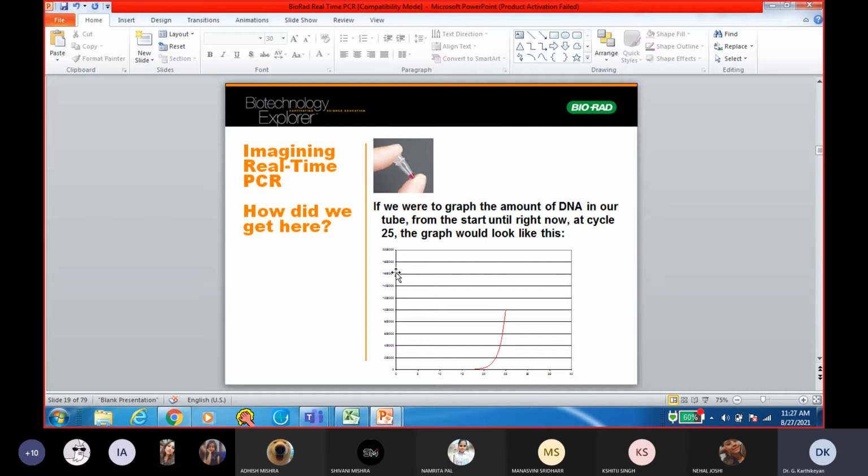We'll come back and see how we get these fluorescence units; we'll just wait for a couple of slides. So we're measuring two different things: one is the cycle number, and one is the fluorescence intensity of the amplified PCR products. Can we go ahead?